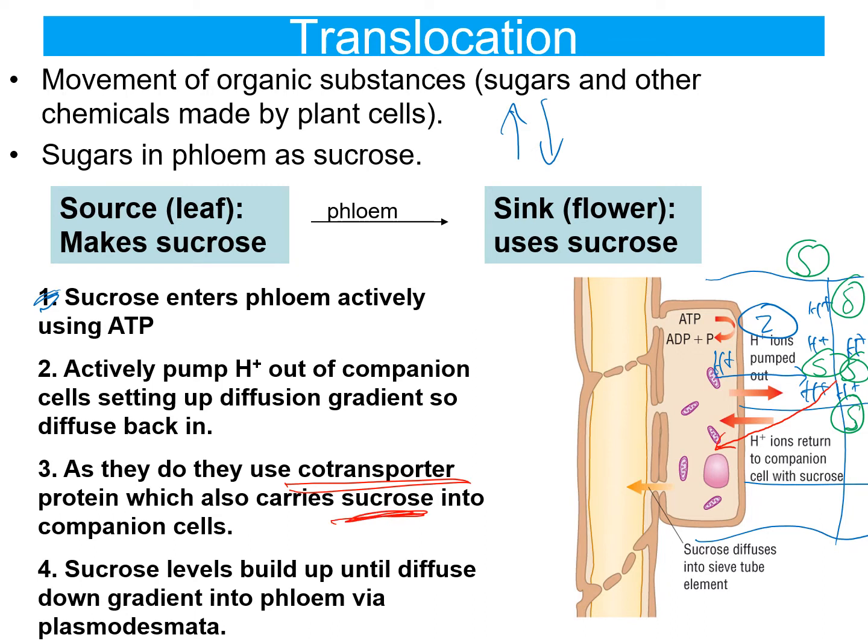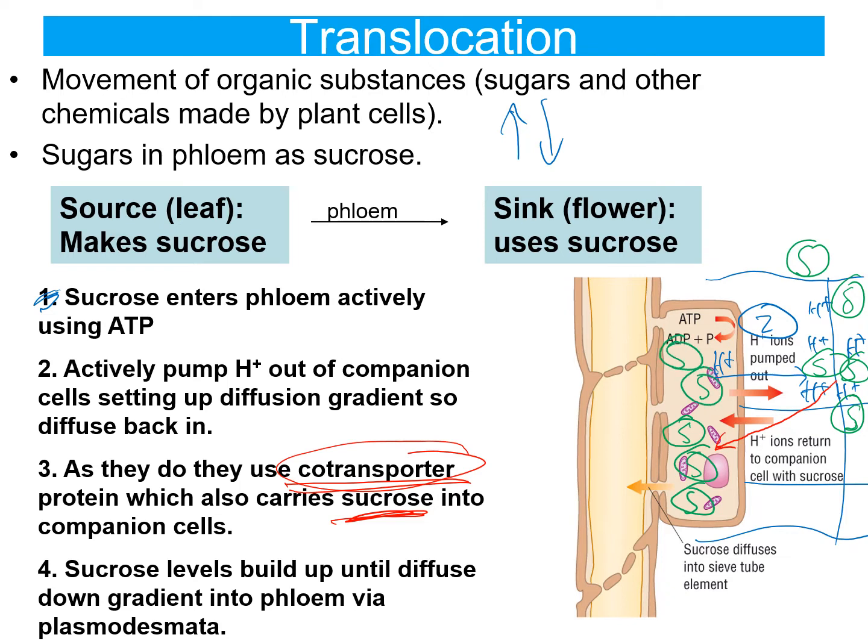So the hydrogen ions want to move from a high concentration to a low concentration back into the companion cells, but they can only do it through a co-transporter protein, and they have to bring sucrose with them in order to do that. We then get a buildup of sucrose, so the sucrose builds up in the companion cells as a result, meaning it has a high concentration.